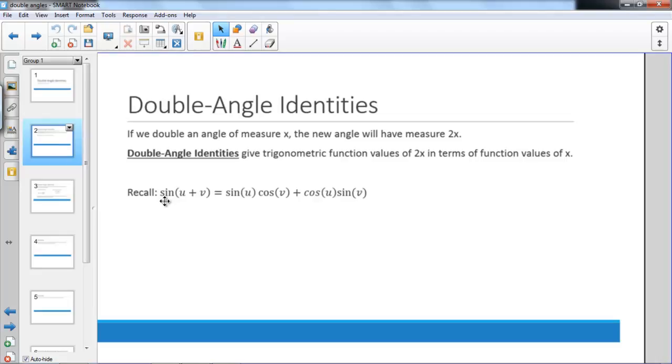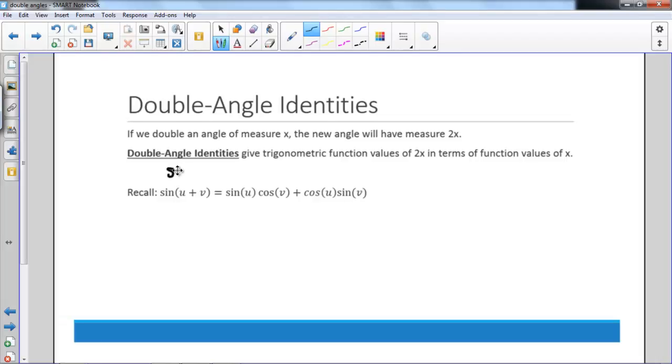So if we recall, sine u plus v equals sine u cosine v plus cosine u sine v. So here, if we're talking about an angle sine of x, and we want to look at sine of 2x, this means that we're actually just doubling x.